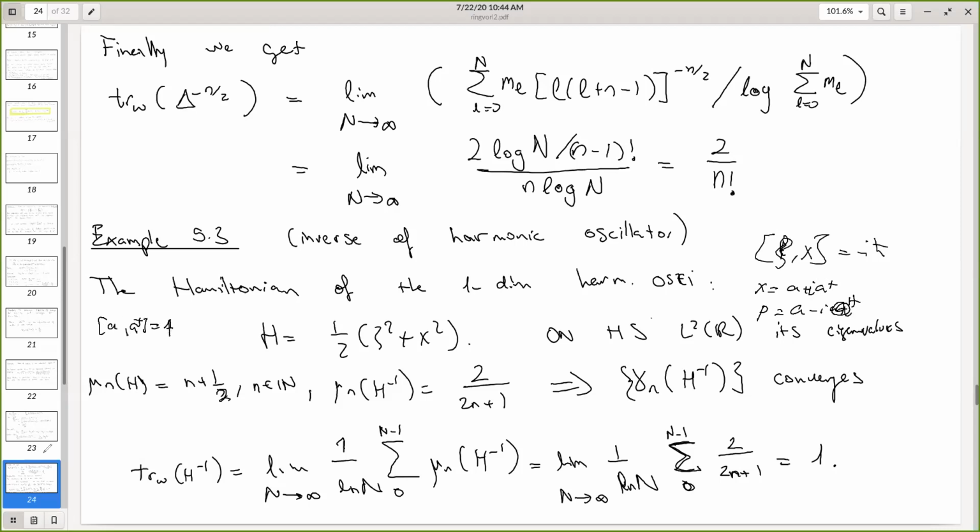These are the so-called creation and annihilation operators, and this allows you to diagonalize this Hamiltonian in order to get the eigenvalues, which are n plus 1/2.